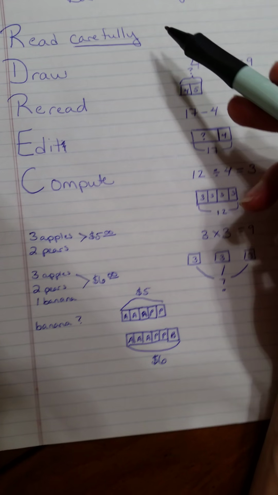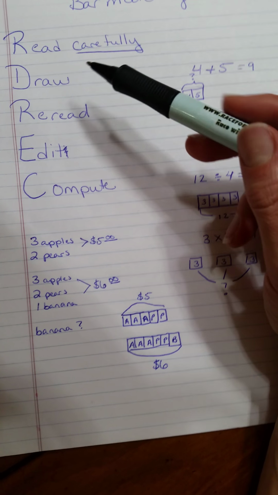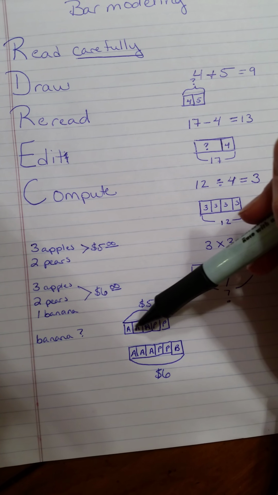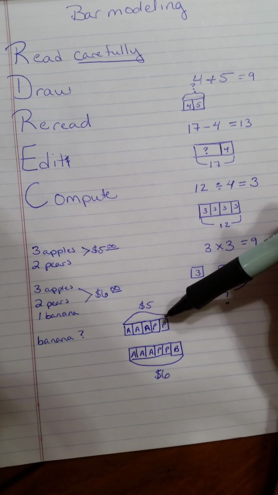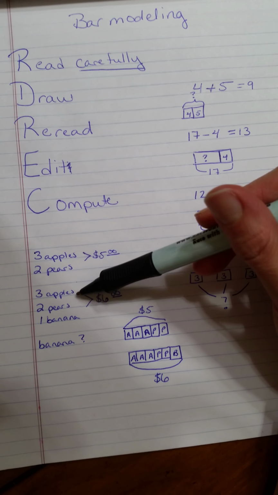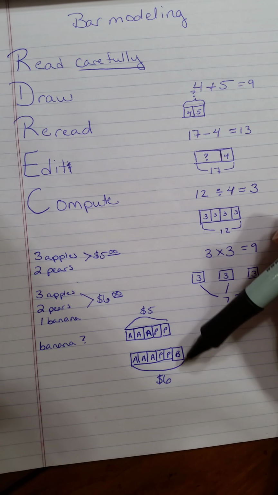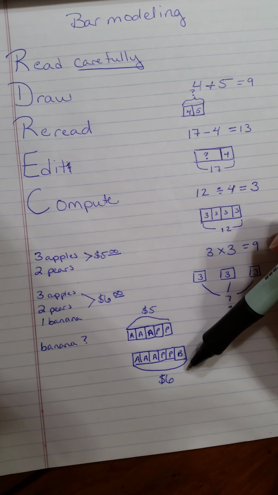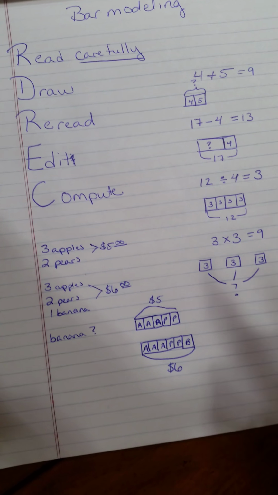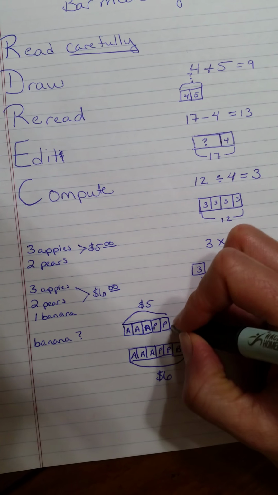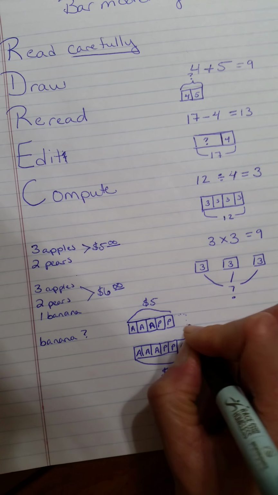Okay, so I've read my problem carefully and drawn it. I'm rereading to make sure. Okay, 3 apples, 2 pears is $5. Apple, apple, apple, pear, pear, $5. 3 apples, 2 pears, and 1 banana is $6. Apple, apple, apple, pear, pear, banana, $6. Okay, no editing is necessary. I can see very clearly that this is what I'm trying to find out.